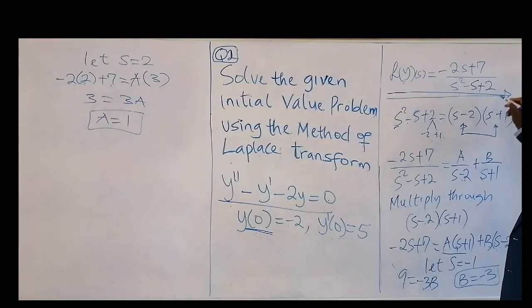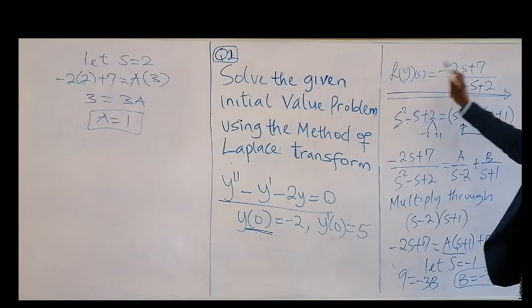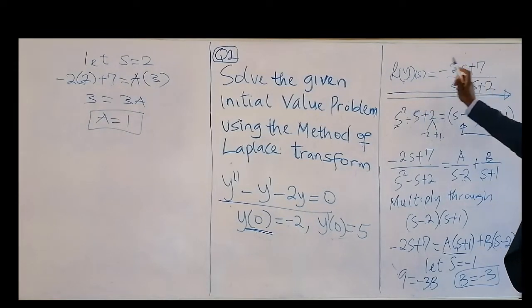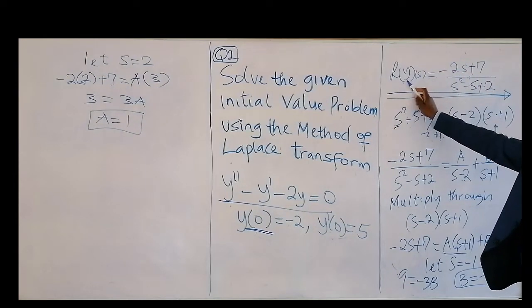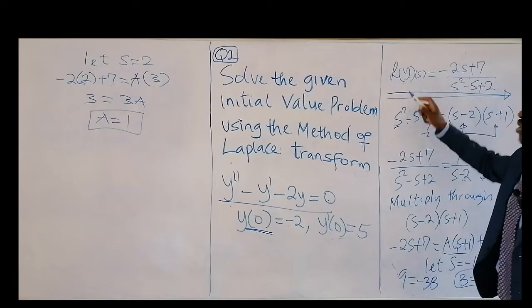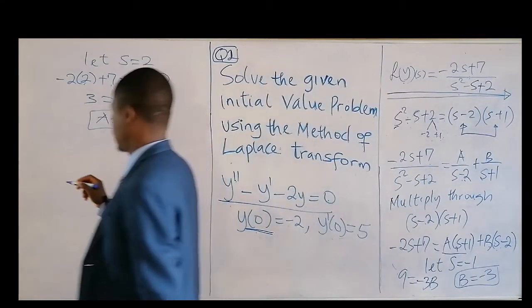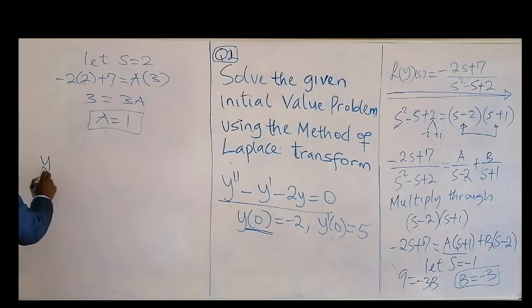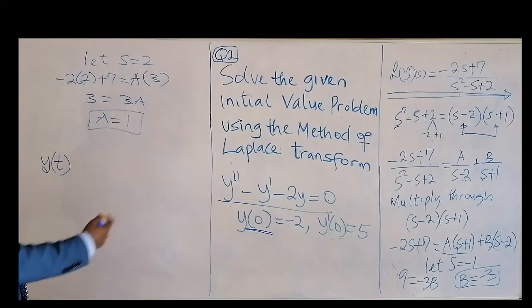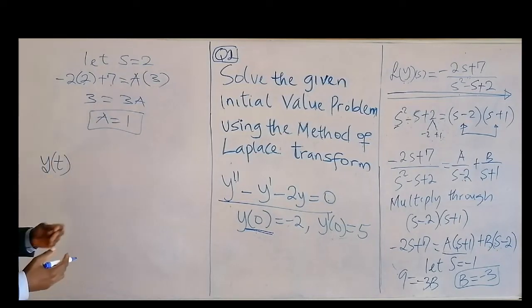Then we can come back here and do the final step by taking the inverse of this. Take the inverse Laplace of this, and if you do that, that will be y as a function of t, because the moment you take your inverse Laplace, you are converting from the s domain to the time domain.